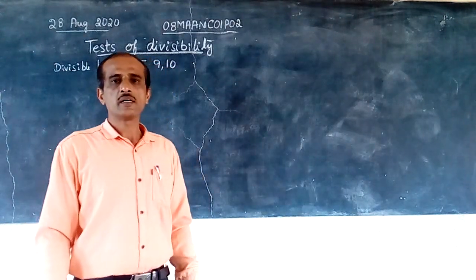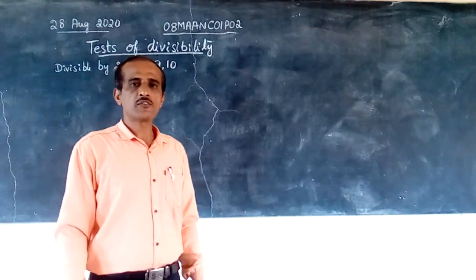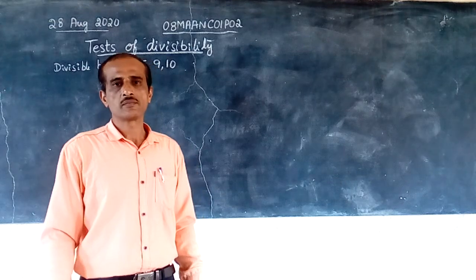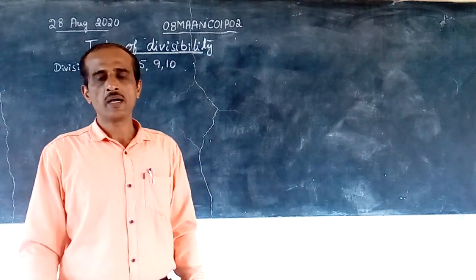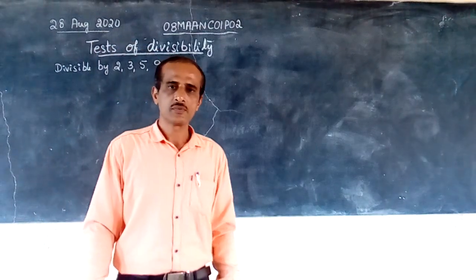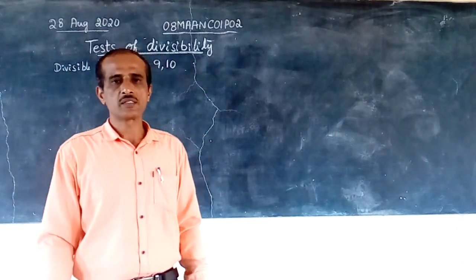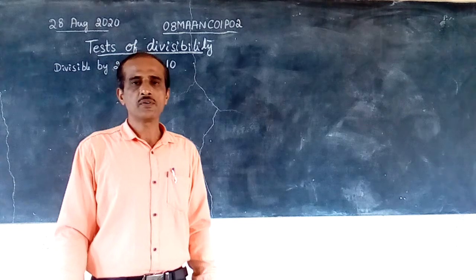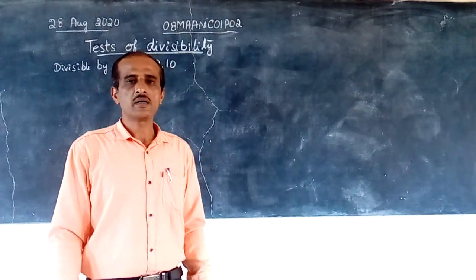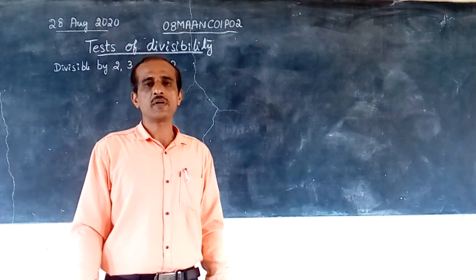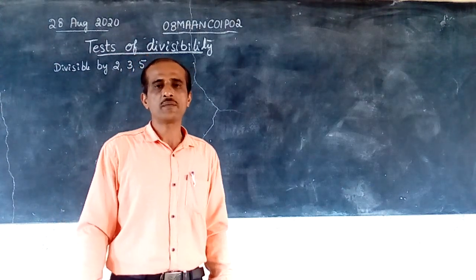Dear children, in our last video we have seen about numbers, the expanded form of a number, and letters for digits. If a letter is given in a number, how to identify the value of that particular letter?